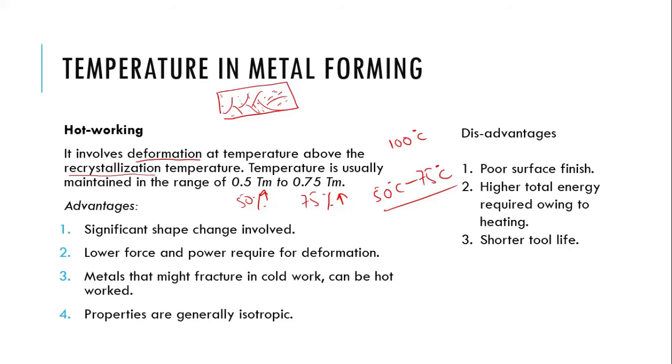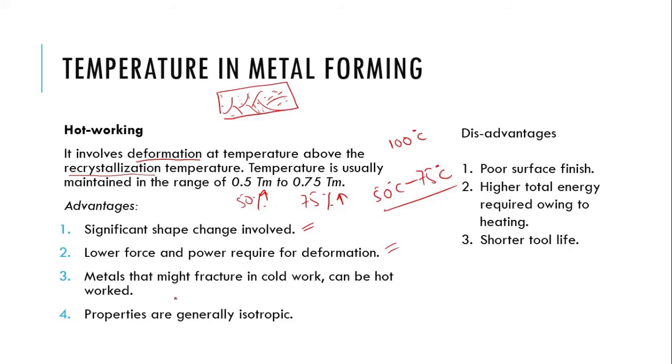So what are the advantages of hot working? The first one, as we have already discussed, is the shape change involved. We can significantly change the shape of the material because the material is heated, so it is softer. It is above the recrystallization temperature. There's less bonding between the atoms, so there's low force required for the deformation, while in cold working we required higher force because it was strain hardened.